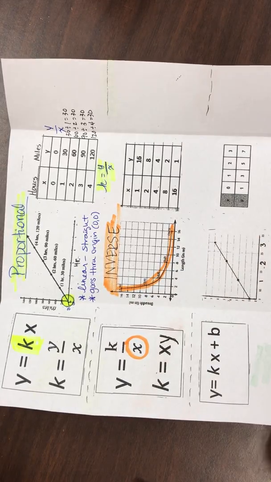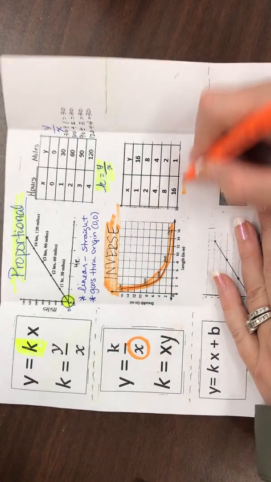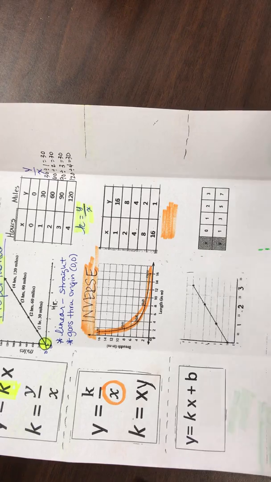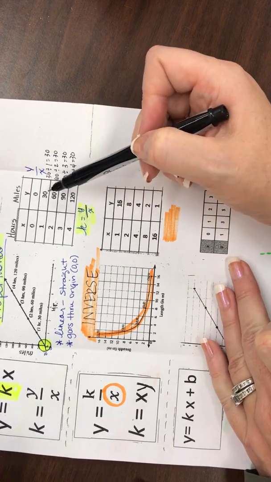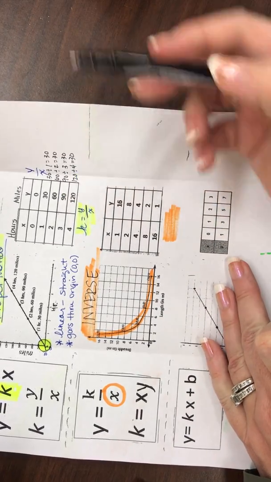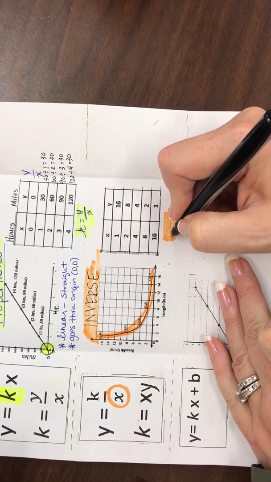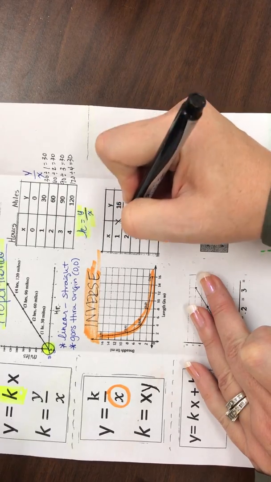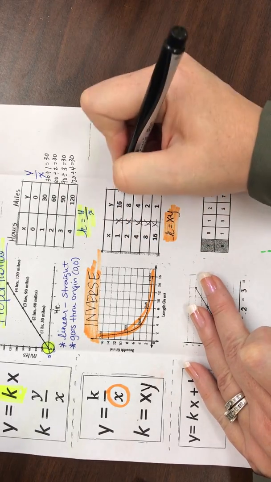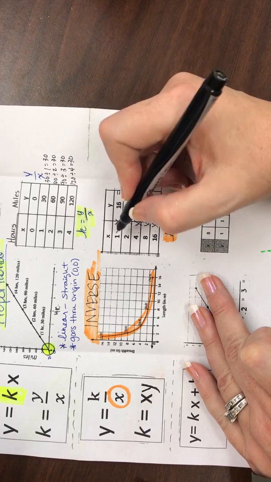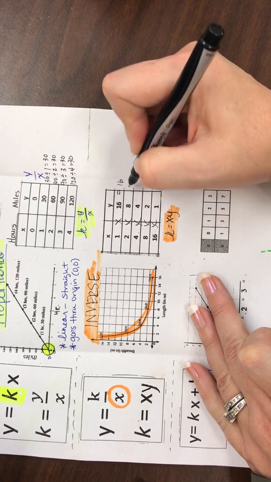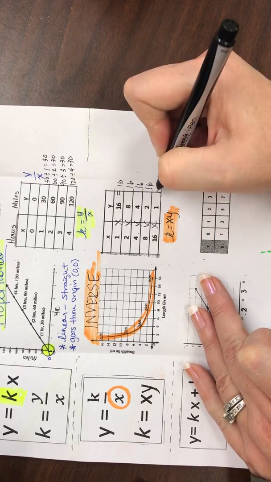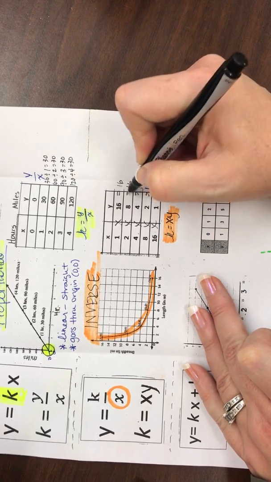Inverse is kind of the reverse or the opposite of a straight line, isn't it? It's the curved line. And finally, another key thing to tell, and this would be the easiest one, is if they give you a chart, you probably already checked it to see if you can divide and it gives you a proportional relationship. If it's not, check and see if you multiply those numbers, if you would get the same. So 1 times 16 is 16, 2 times 8 is 16, 4 times 4 is 16, 8 times 2 is 16, 16 times 1 is 16.